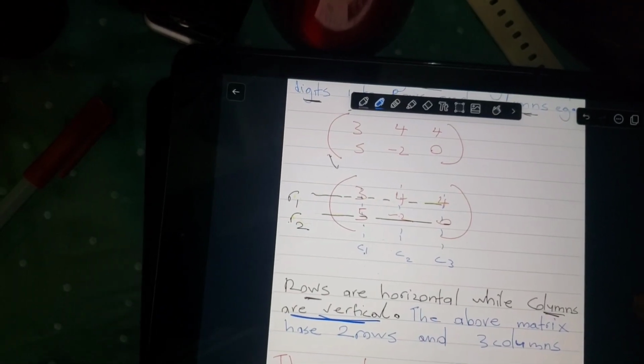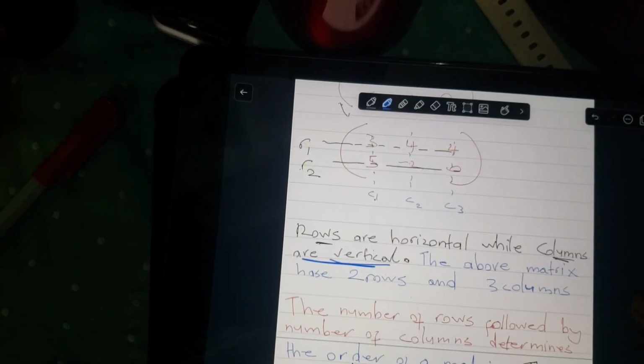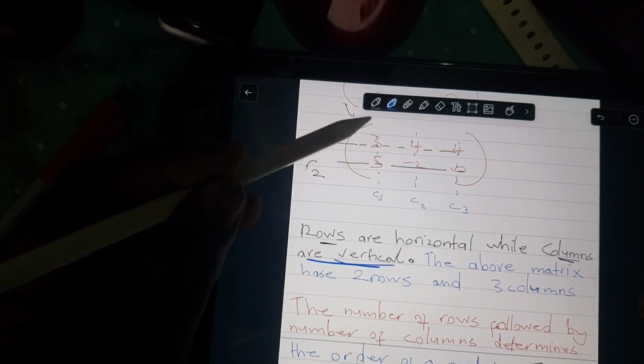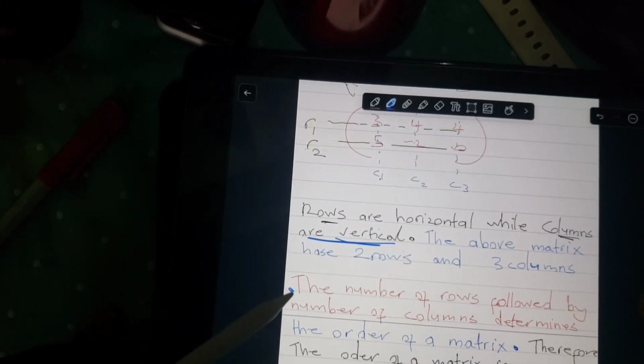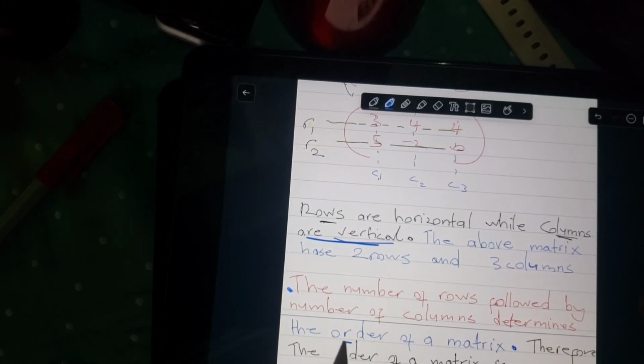You count the number of rows first, then you count the number of columns. So the above matrix has 2 rows and 3 columns. The number of rows followed by the number of columns determines what we call the order of a matrix.